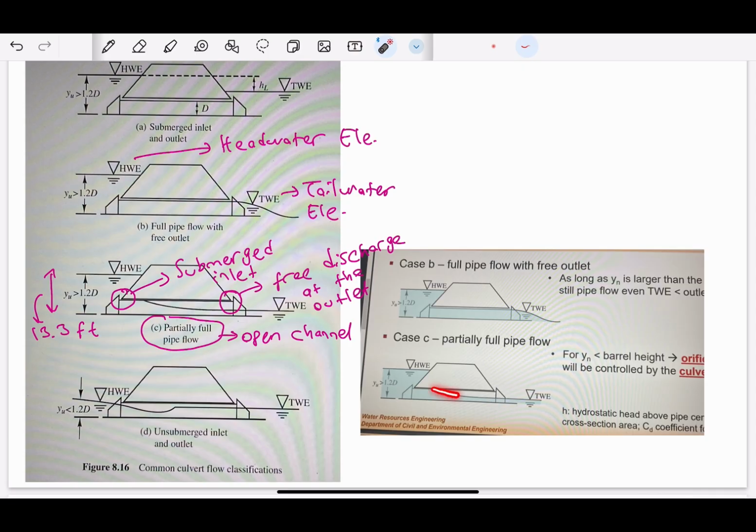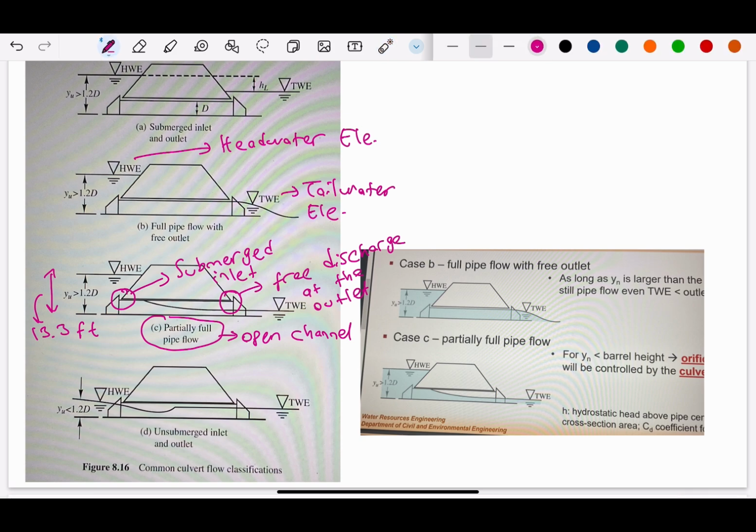We have water here, but there's nothing here. So this is open channel. And in the question, it says that we need to verify that it will not be case B. Or in other words, it will not be full pipe flow, as you can see here.